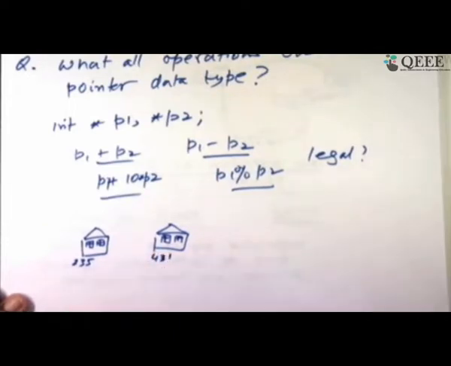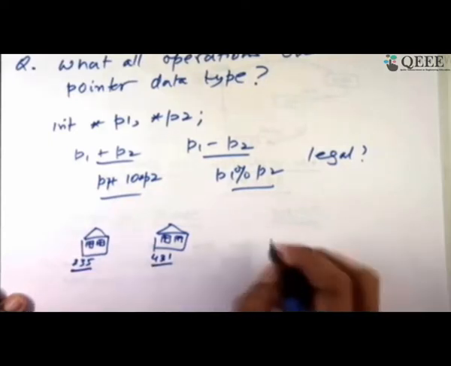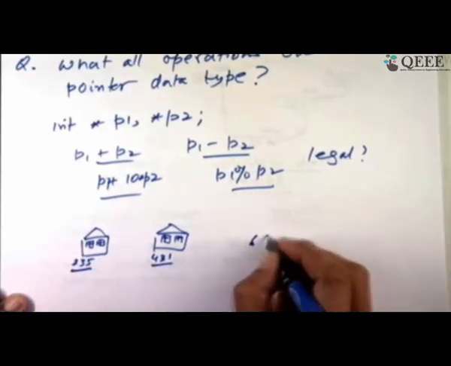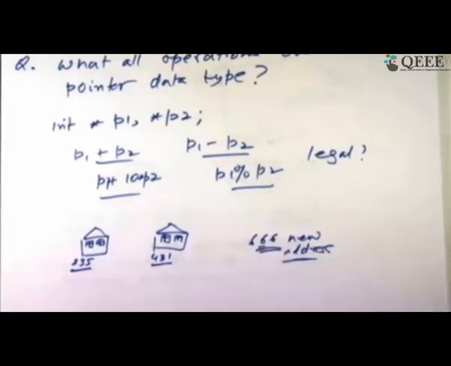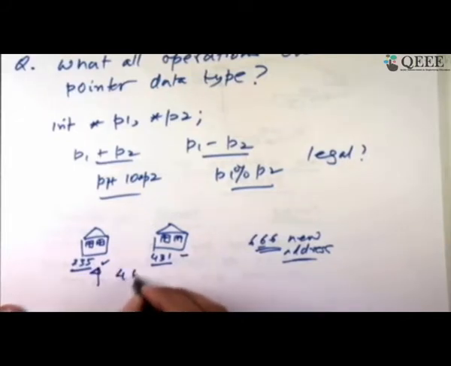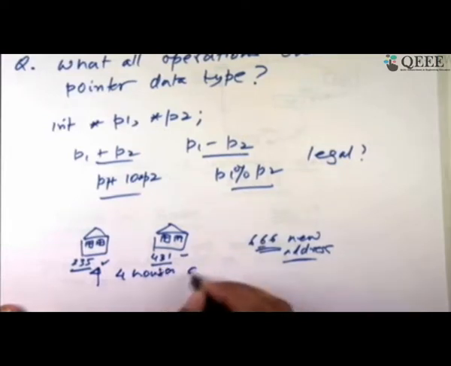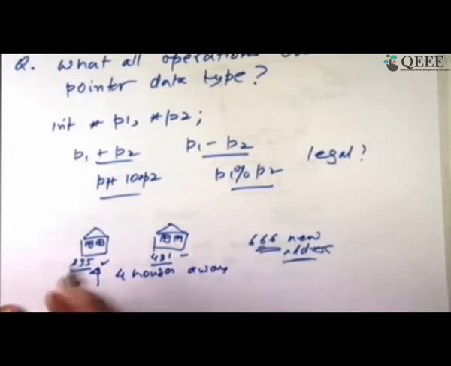If somebody says, I want to produce 235 plus 431 and therefore produce 666 as a new address, there is no guarantee that such an address will exist. It doesn't make sense. So mostly in the address world, taking two addresses and adding or multiplying doesn't make sense. What would make sense? I know 235 and I can say 4 houses away, please take me there. Or it is 10 houses away.